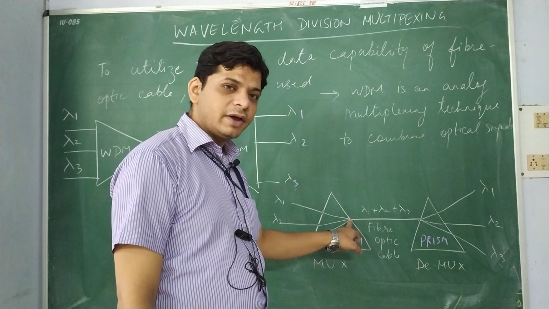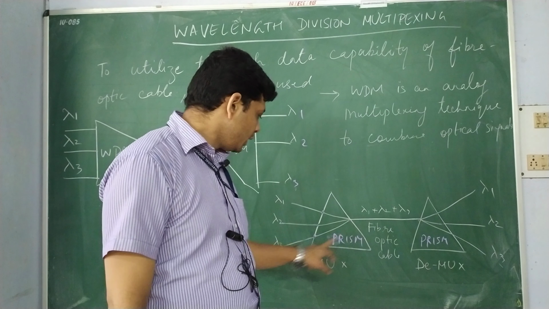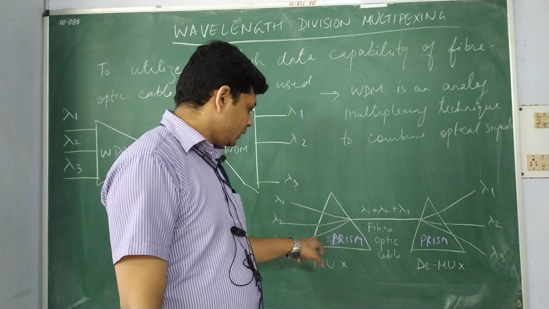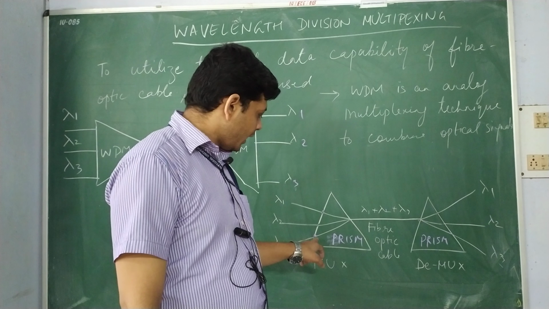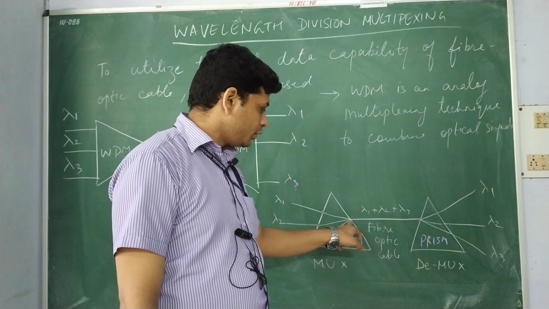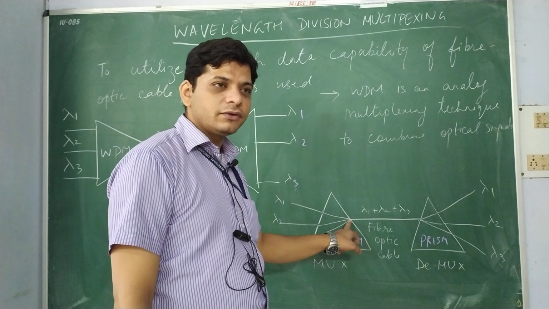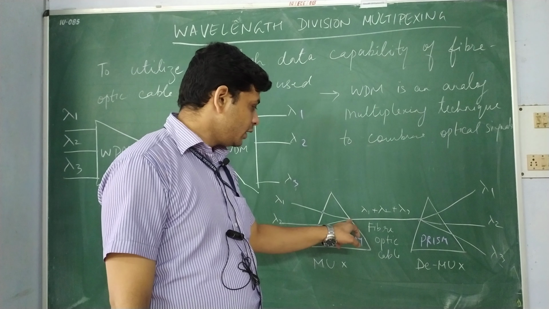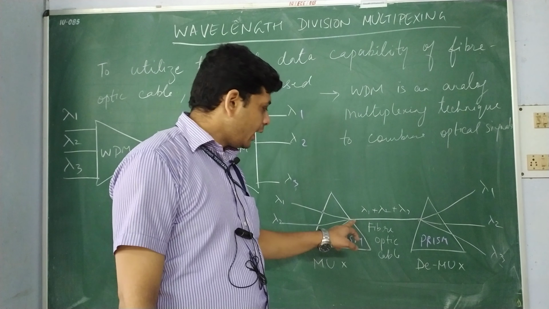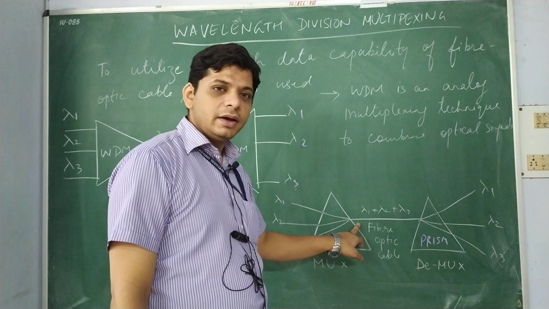Here also we are having a combination of lambda 1 and lambda 2, and for lambda 3 also, after being incident on this prism, the refraction process is there, and after refraction it is also being focused to this point where lambda 1 and lambda 2 are. So, here lambda 1, lambda 2 and lambda 3 are meeting, and they are focusing on a single line communication, right.